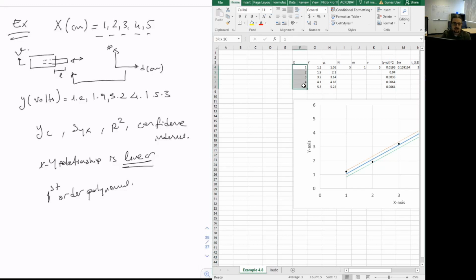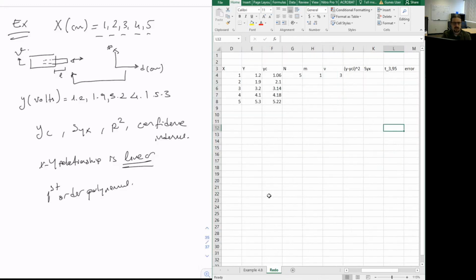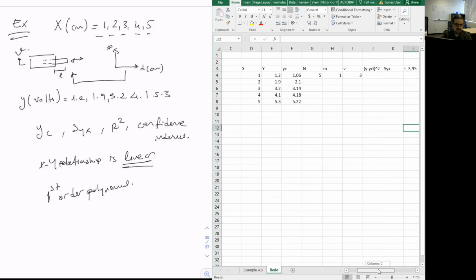So here are your X values. These are Y values. And here's the polynomial value. So how am I going to get my polynomial value? Let's go to an example, part of the example that was not done yet.